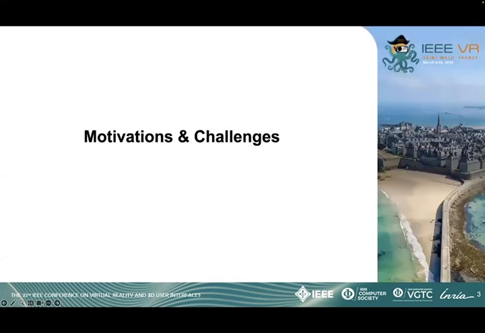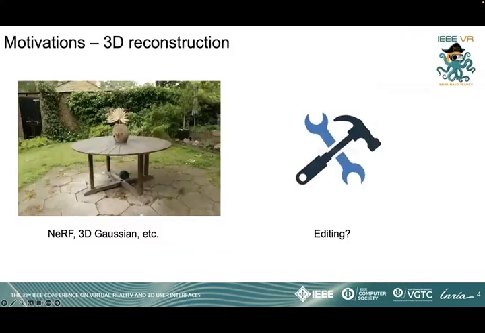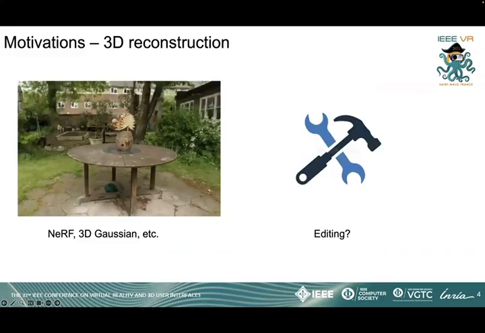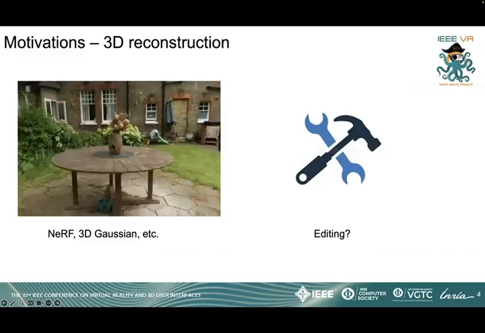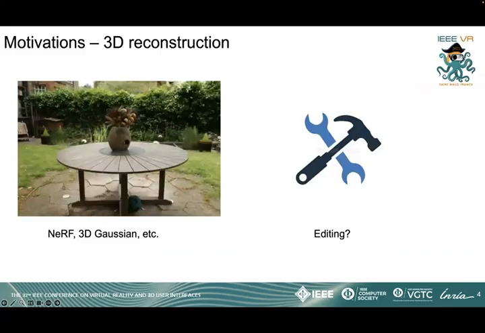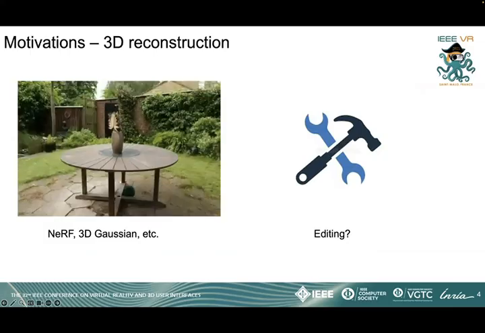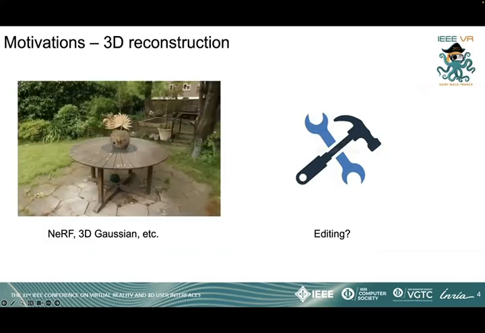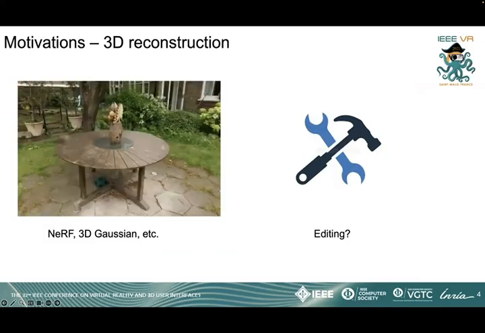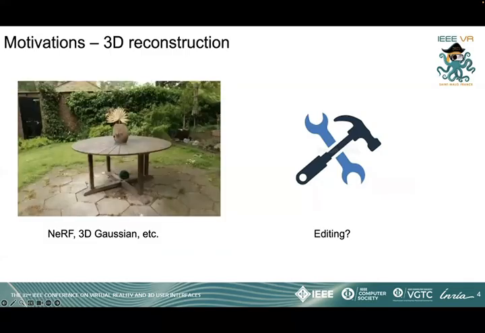First, I will talk about the motivations and the challenges of this work. Recent neural rendering algorithms, such as NeRF and 3D Gaussian, have demonstrated great capability in reconstructing the real world from captured images.